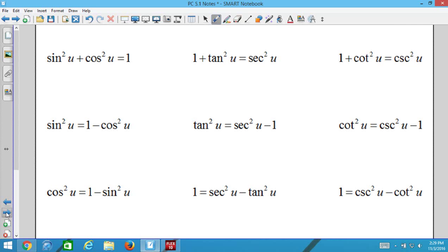You might have something like this in your work somewhere, and you can just take that out and replace it with 1 because they're equal. This is really helpful to have in front of you when you do your assignments.